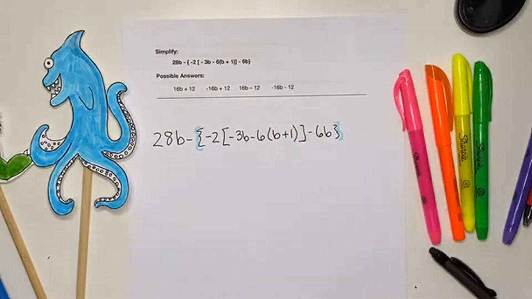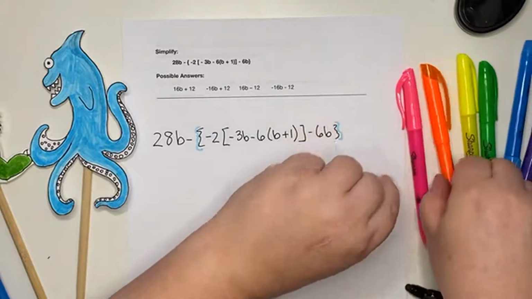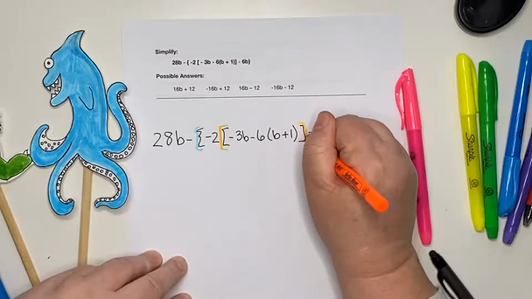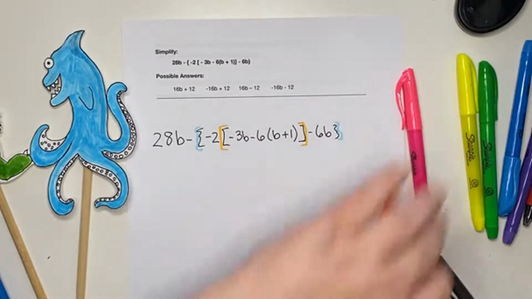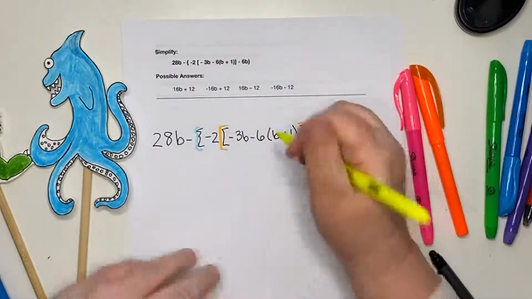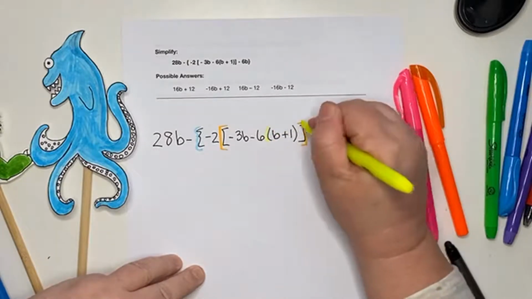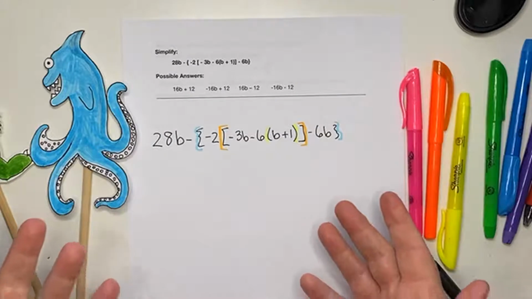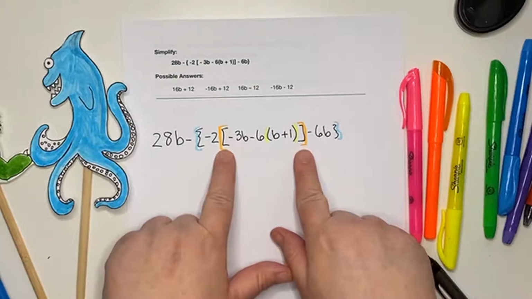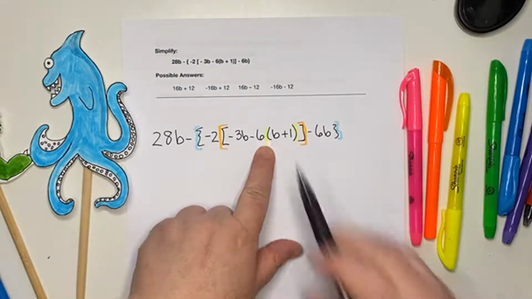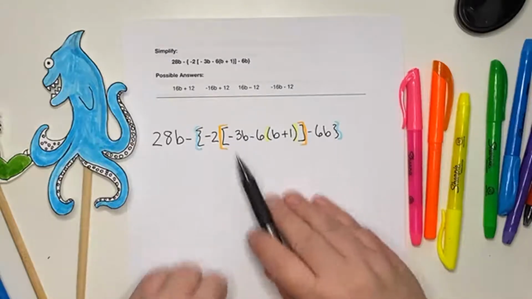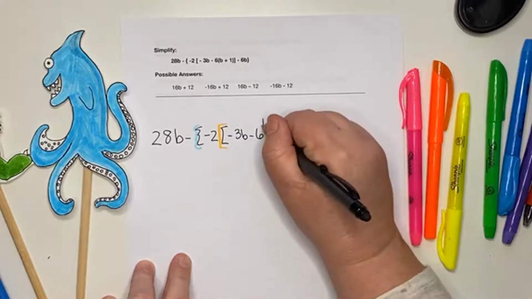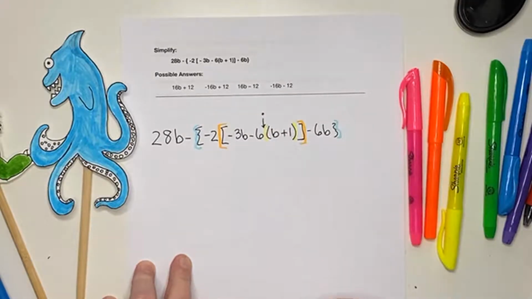I like to use colors, because when I use colors, my eyes can see what matches more easily. So when I do it like this, my brain can already see. Before it was kind of gobbledygook, and now I can see, these go together, these go together, these go together. So this is the inside here.